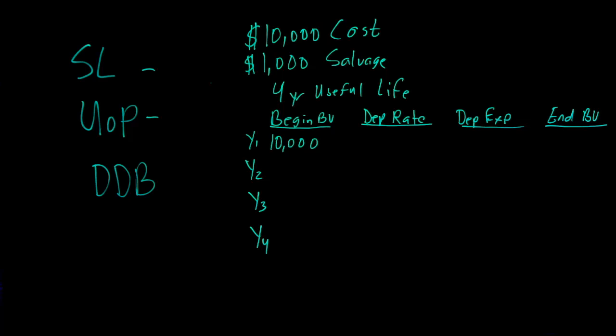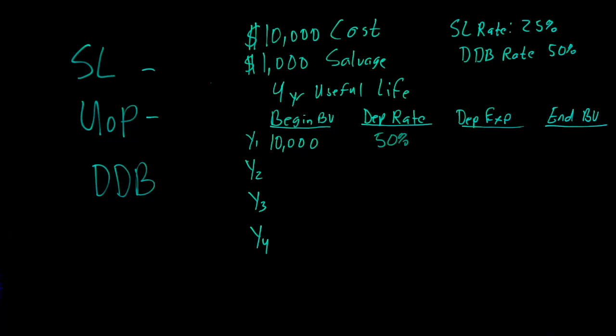The depreciation rate for double declining balance is double the straight line rate. So with a 4-year useful life asset, the straight line rate would be 25%. So that means the double declining balance rate is 50%. So our depreciation rate is 50%.